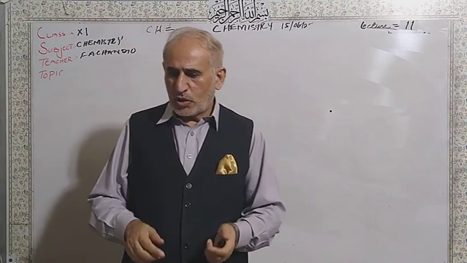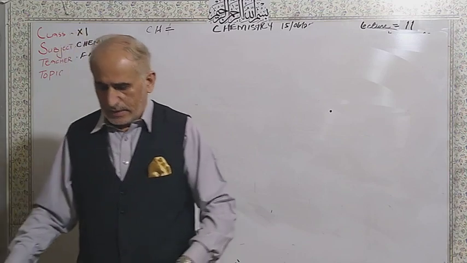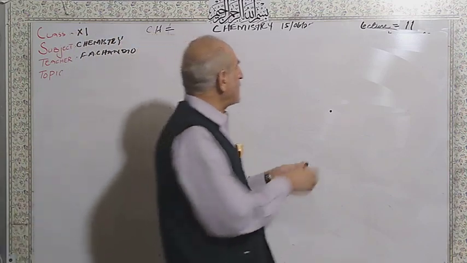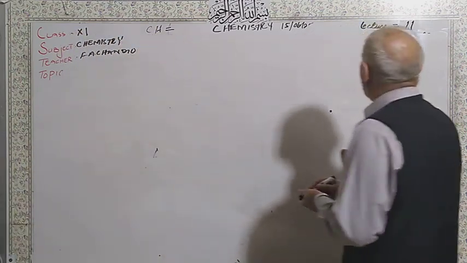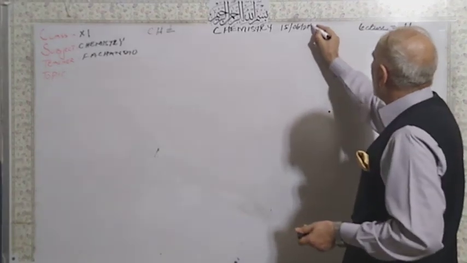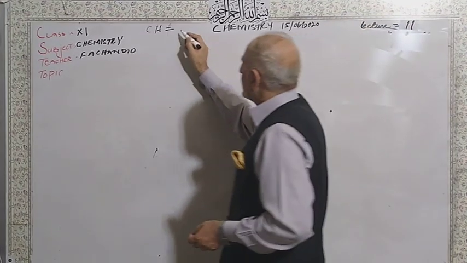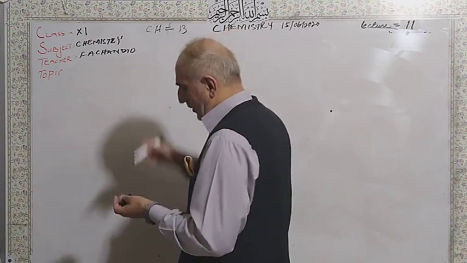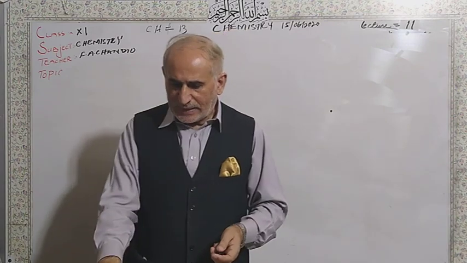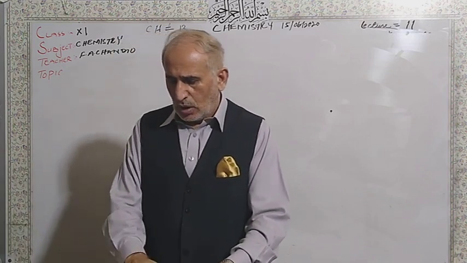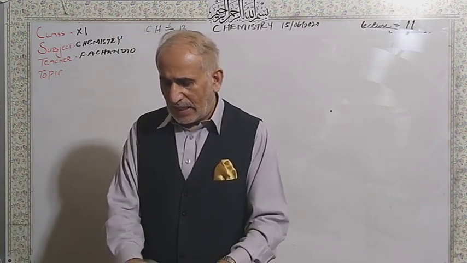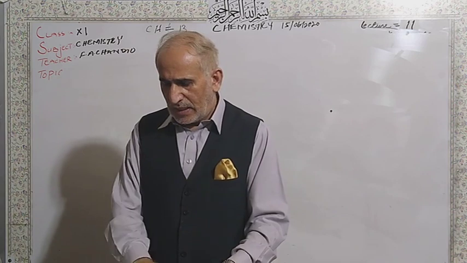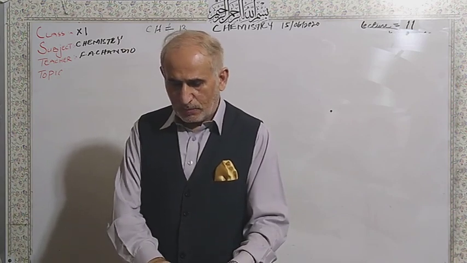Grade 12 is going to start, and in grade 12 this is lecture number 11, chapter number 13. Yesterday I told you about group 7 elements and gave you some introduction about the halogens.